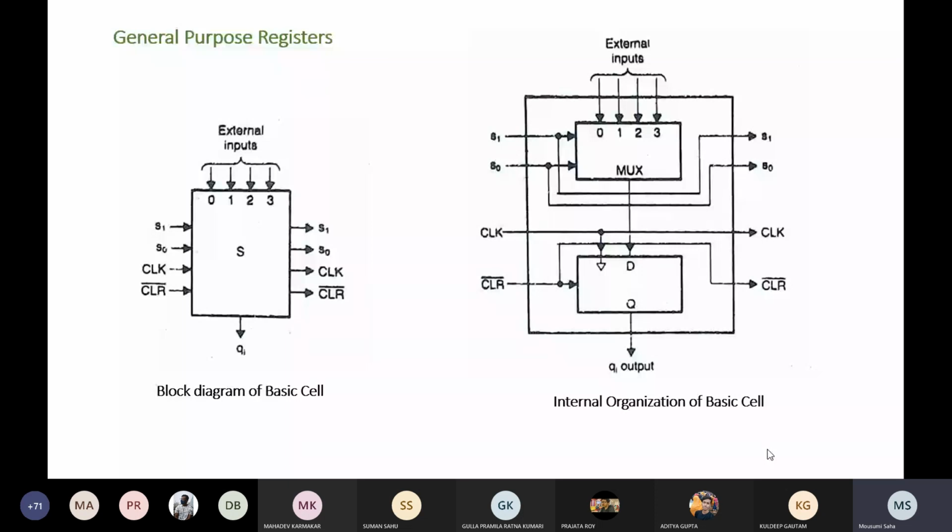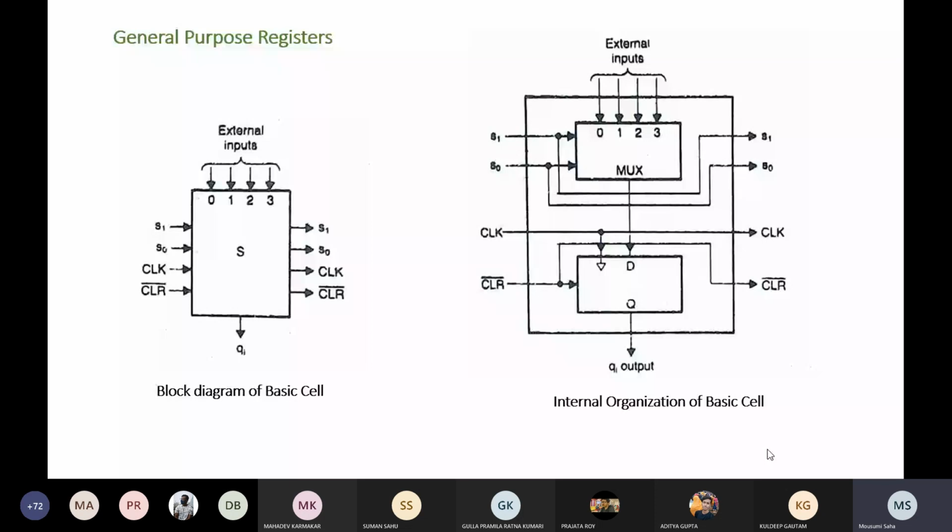That may be from line 0, line 1, line 2, or line 3. So at a time, a 1 bit value from the external environment we can store into the D flip-flop. Okay, this is a single bit D flip-flop.